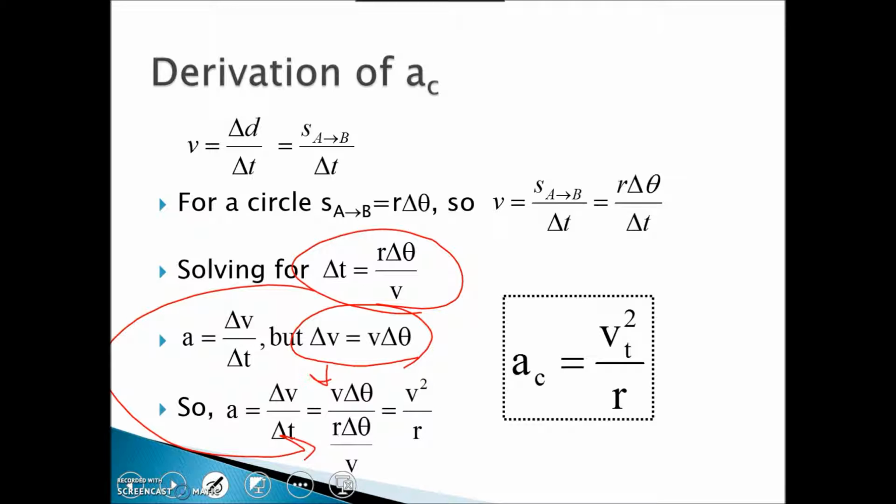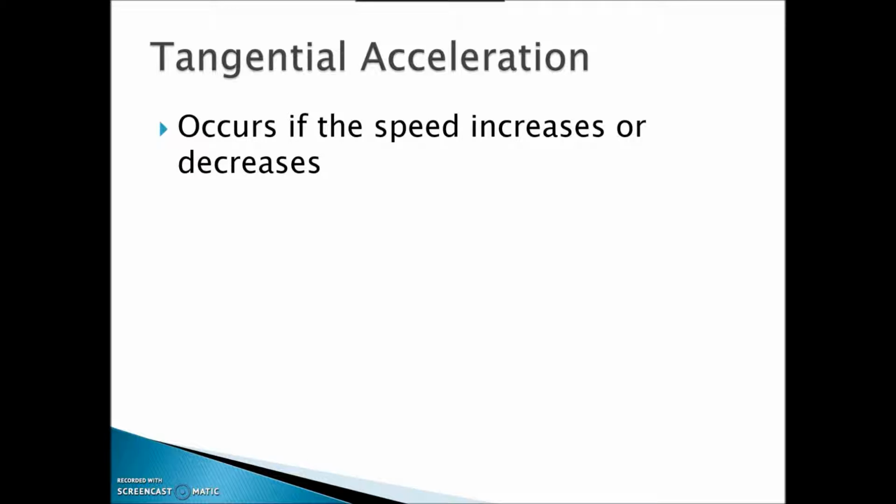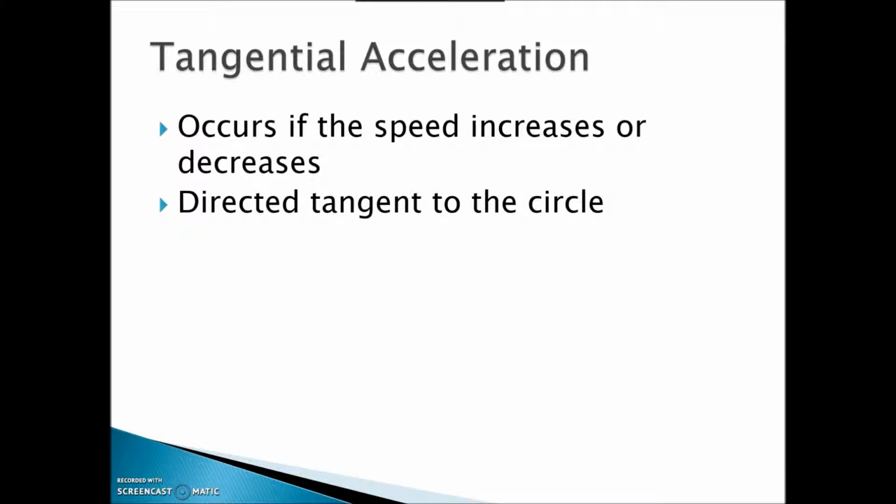I mentioned earlier that the acceleration vector can be broken up, and one component is parallel to the object's direction of travel. In this case, we call it the tangential acceleration. It's related to the tangential velocity. Tangential acceleration will occur if the speed increases or decreases, so the object goes faster or slower around the curve.